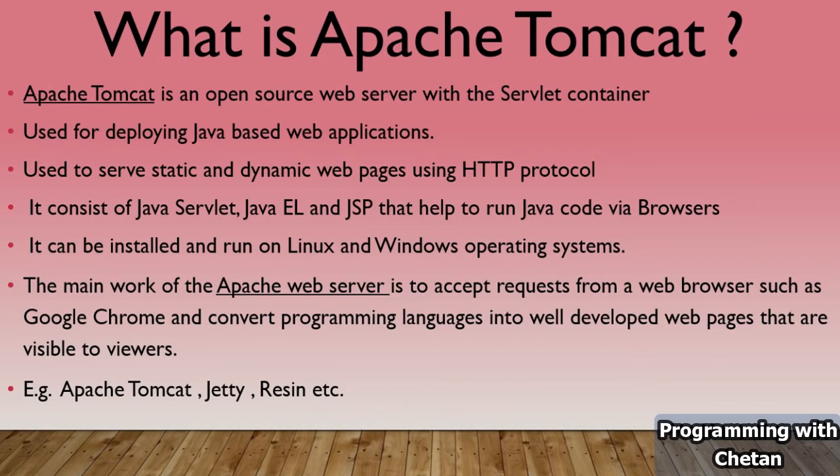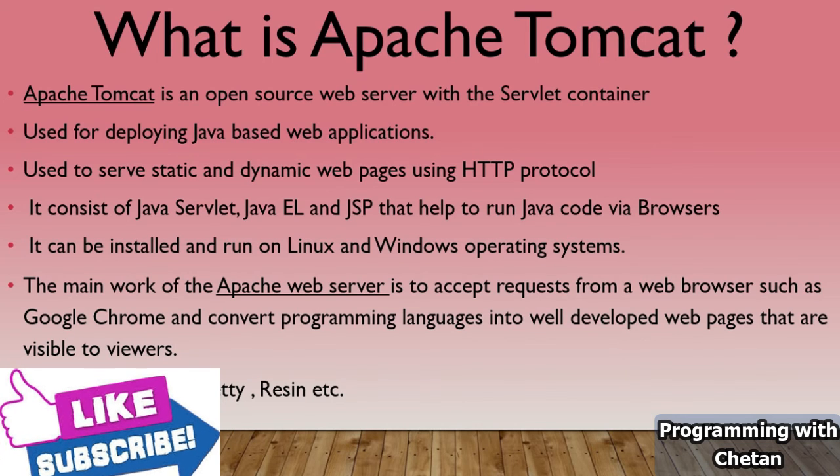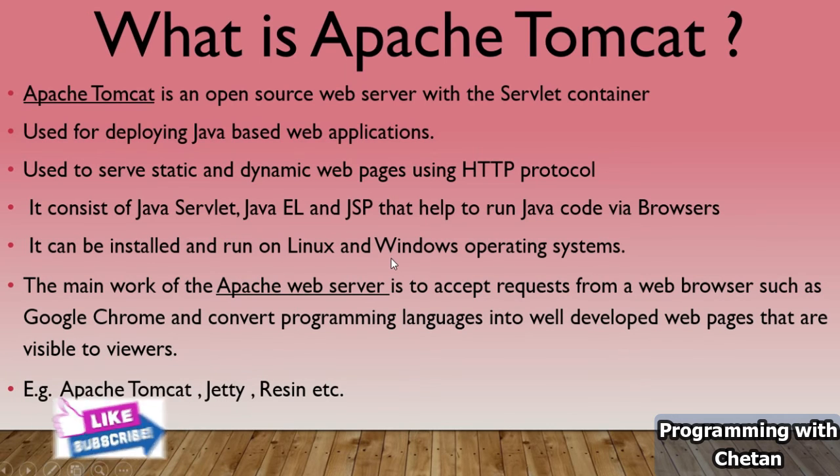So I hope it is clear to you all, guys, what the Apache Tomcat web server is. Now let me quickly tell you how it is different from an application server. Okay, so if you're talking about a web server, then it is used to serve Java based applications which are purely web applications, which means that they consist of HTML, CSS, JavaScript, JSPs, and servlets.